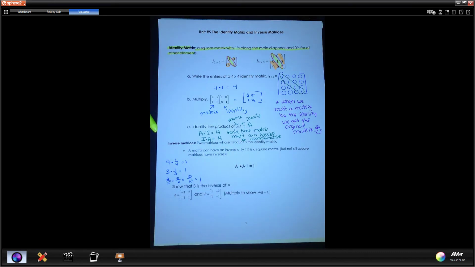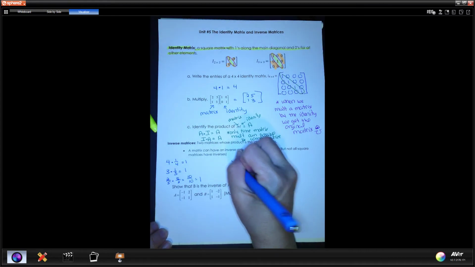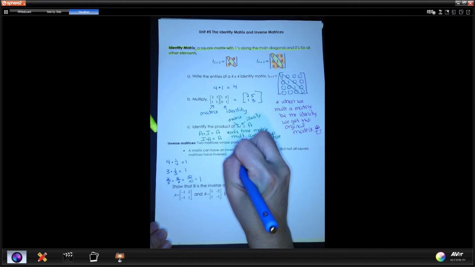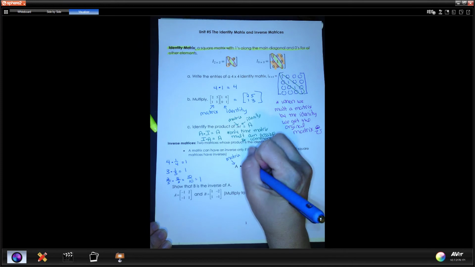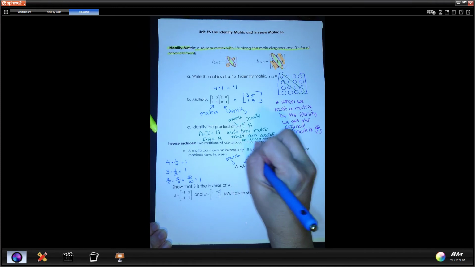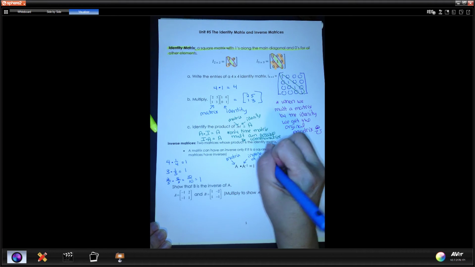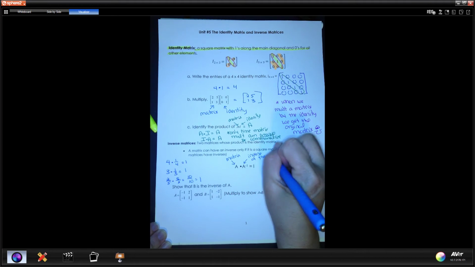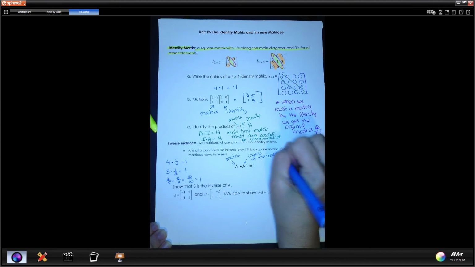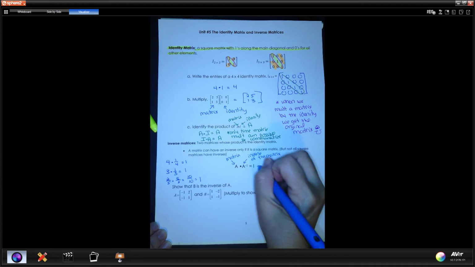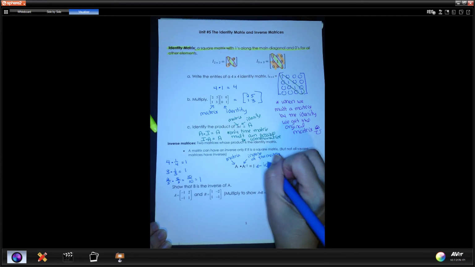So if we have our matrix, and this is the inverse of the matrix, then their product is the identity.